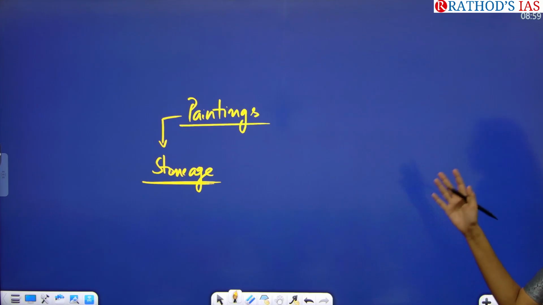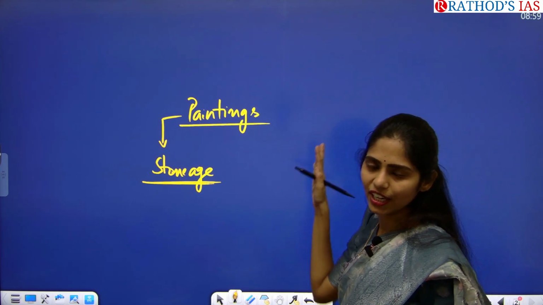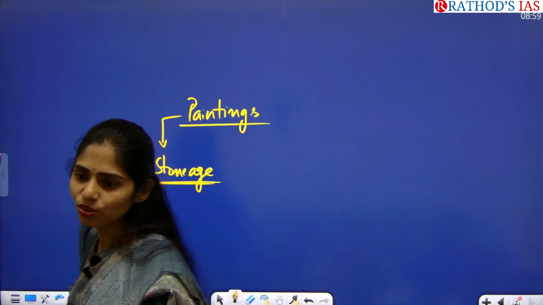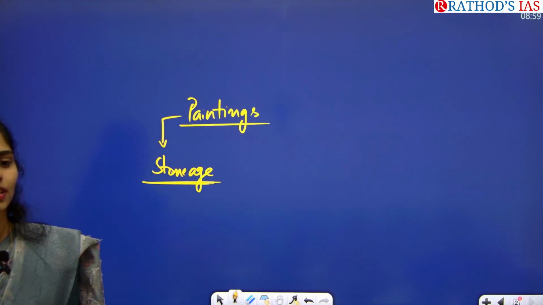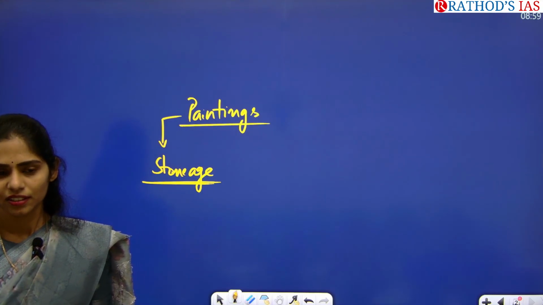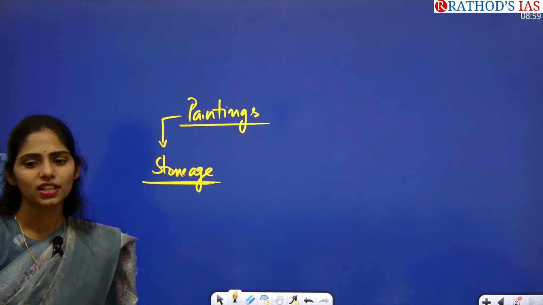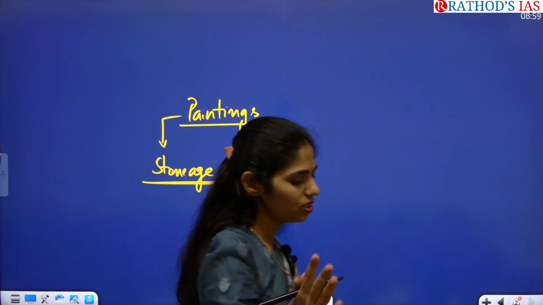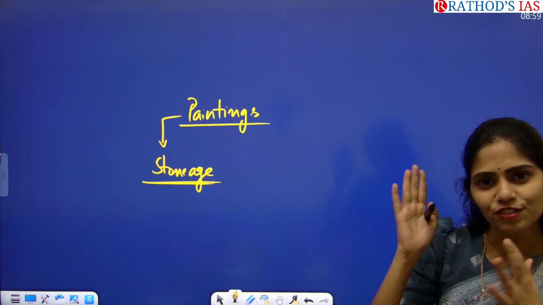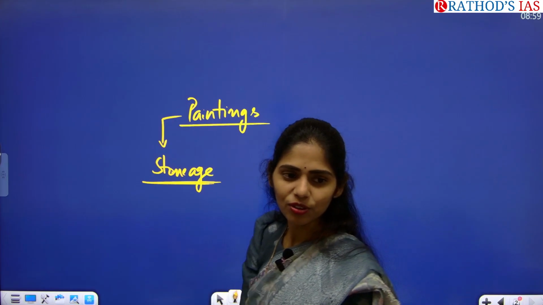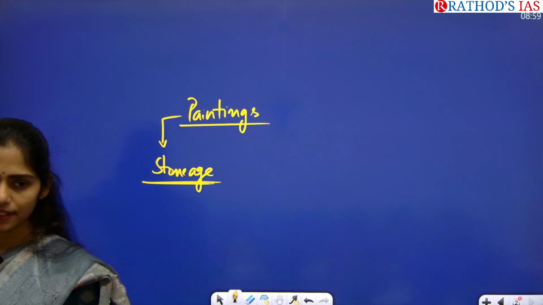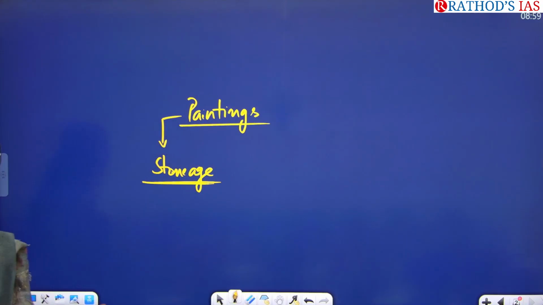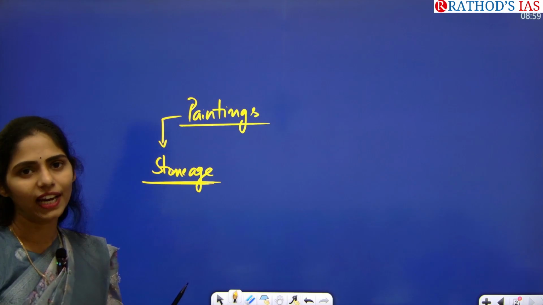In the Bhimbetka painting also, we will have this kind of images where they show what they painted: how to hunt and what the general activities were that they used to do at that time. They used to paint them, and because of those paintings only, we now came to know what activities they did. If there were no paintings, there would be no understanding of the social life of those people.